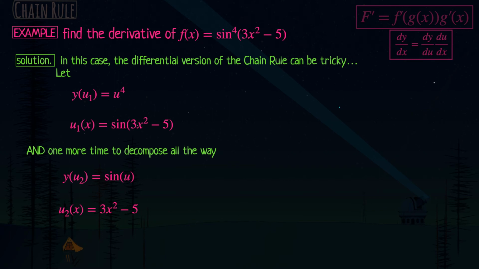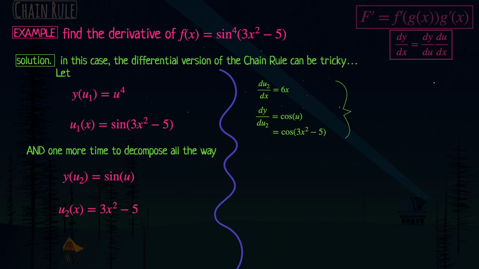Here's the normal breakdown, y of u1 and u1 of x, but then we also have y of u2 and u2 of x. So we have to find both of those derivatives, du2 dx and dy du2. And that's how we end up with 6x cosine of 3x squared minus 5.